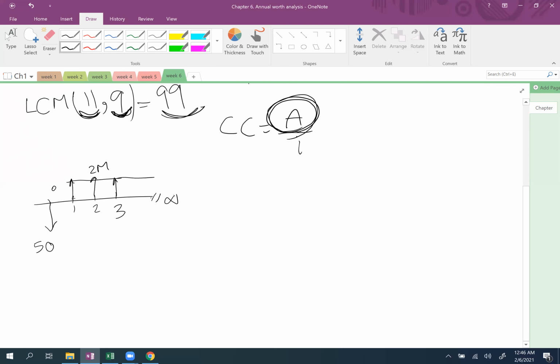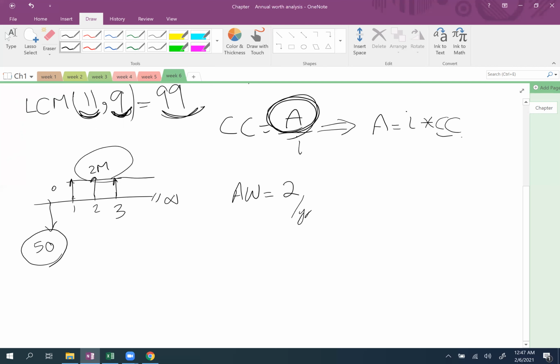So if I want to calculate the annual worth of this alternative, you already have 2 as your annual worth, which is $2 million given per year. All you need to do is convert this present worth to A. So do you agree that if in the previous chapter we said capitalized cost is equal to A over I, then A is equal to I times capitalized cost?